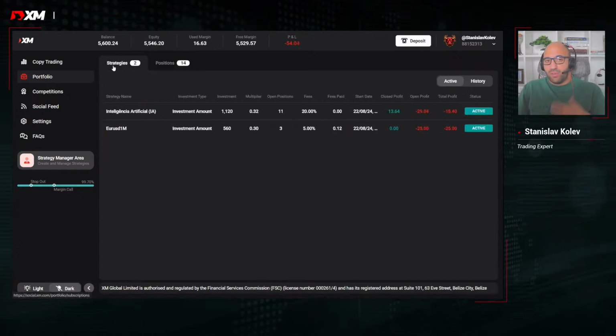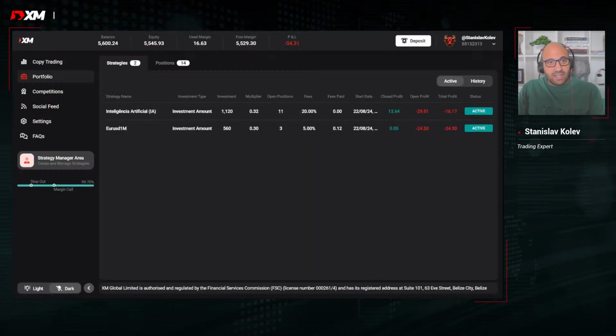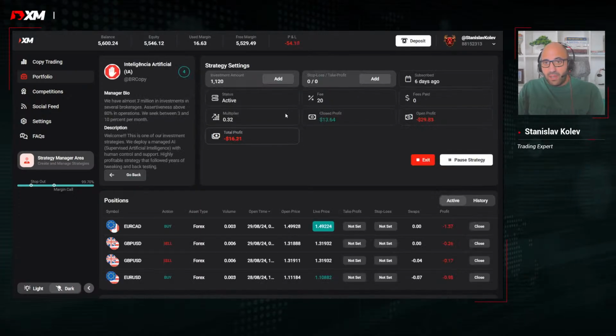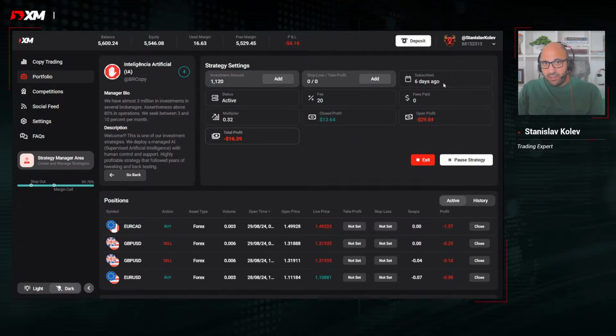The strategies that we follow are two. One of them is based on a beginner and novice trader that wants to be more active, so we followed euro dollar 1 minute. And the other one is for busy individuals and professionals, which is the person called intelligentsia that is having, I gotta say, very impressive performance in terms of how they have been doing so far.